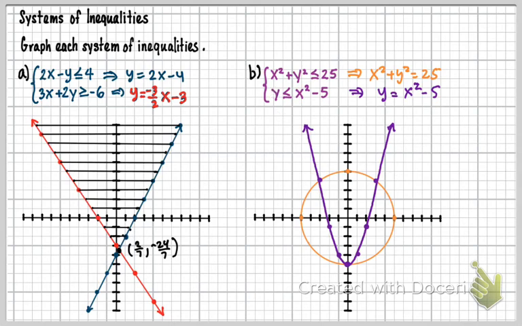So that tells me that it can't be inside of the parabola, so it's going to have to be outside. So that means it's going to be here and here, because it has to be in the circle but outside the parabola. So there are going to be my regions for the second one.